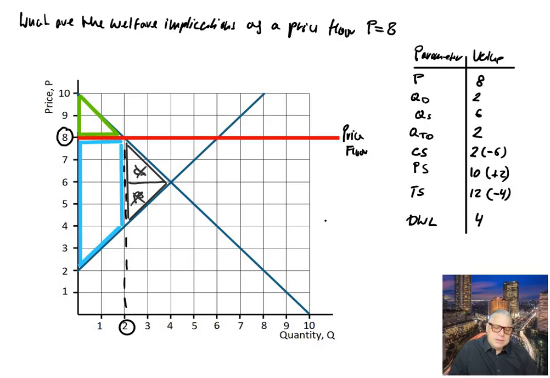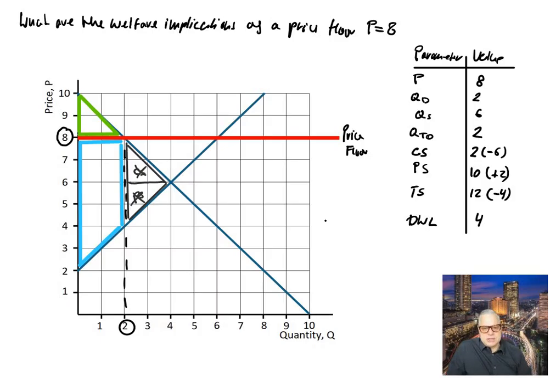But let's quickly stick to the idea of a price floor. So let's say this is the market for agriculture, and those are milk farmers, and we promise every farmer that the milk price is 8, even though if the market were not obstructed by the price floor, we know the price would be 6.